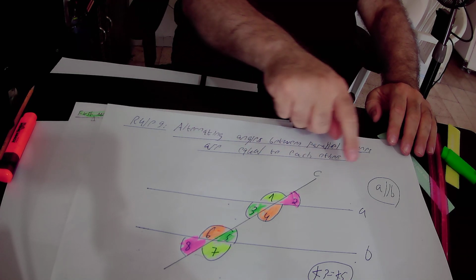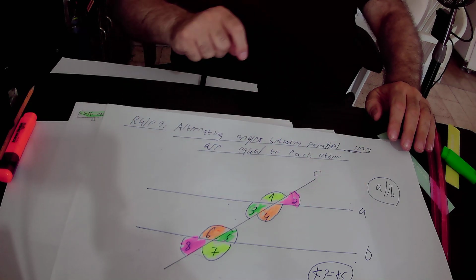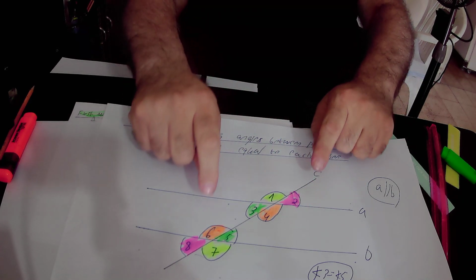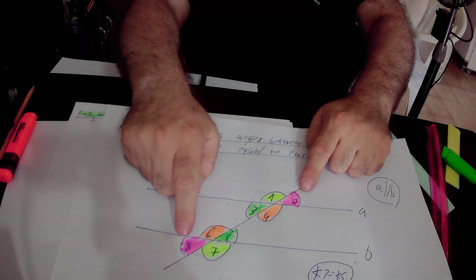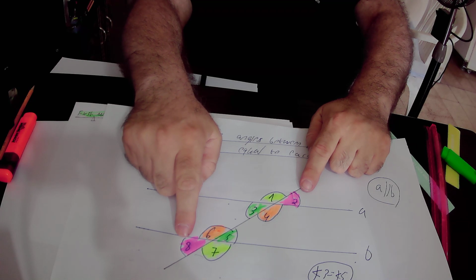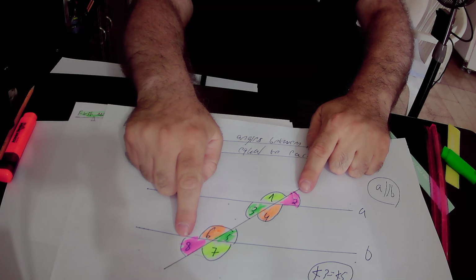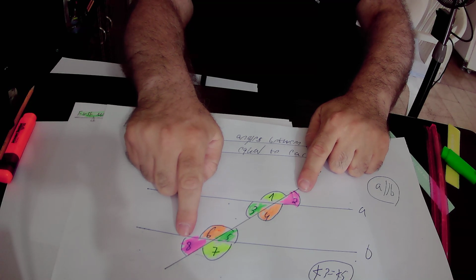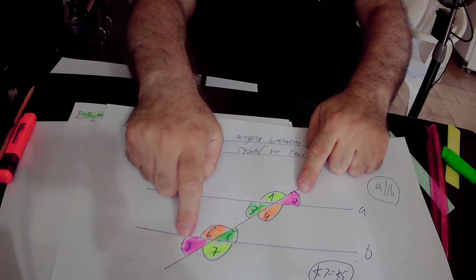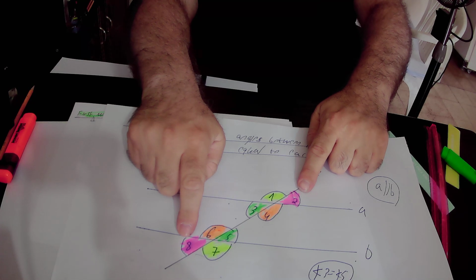Here, line A is parallel to line B. Those two pink angles are defined as alternating angles, and because they are located between parallel lines, they are equal to each other according to rule number 9.